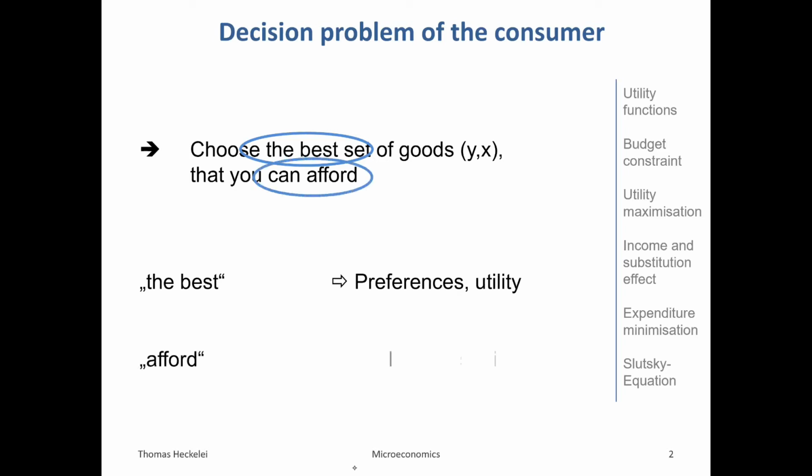The second part is afford, because we face some sort of budget constraint. We don't have an unlimited amount of resources or money to spend on the goods that we would like to consume. So let's talk about these two parts.